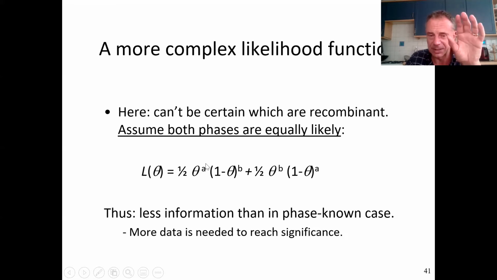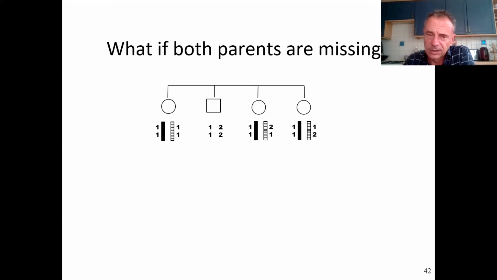You're just labeling them A and B, and you say it's half theta to the A times 1 minus theta to the B plus half the other way around, and that's the new likelihood. And you can put that into a sum and do the maths and get a likelihood there. You might have neither parent, and then you just see that some affected people seem to share some alleles, or some alleles seem to go together or not, and you can get that in pair analysis.